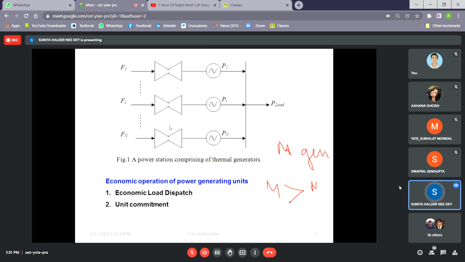And for nuclear power plants, generally we do not do the economic load dispatch in that way. I have not seen it right now. The modeling will be the same as the thermal power plant, because the generation method is the same, only the cost function will be different.